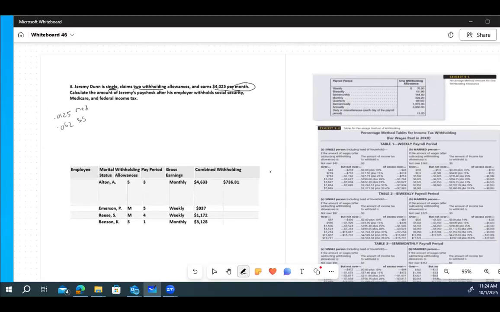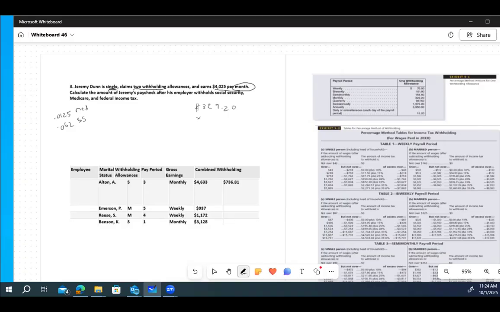So if I come over here to monthly, it's $329.20 per deduction. And again, this is just money that he doesn't have to be taxed on.